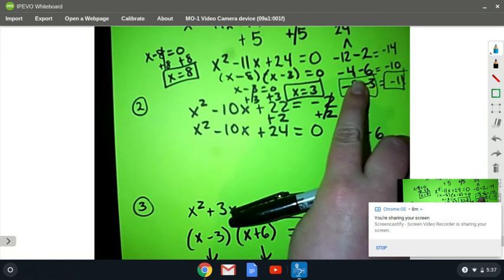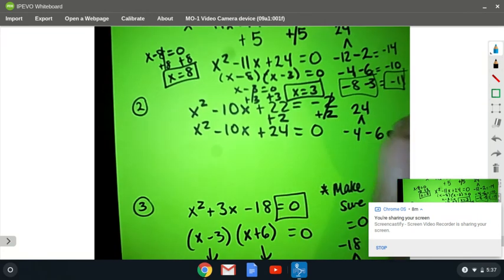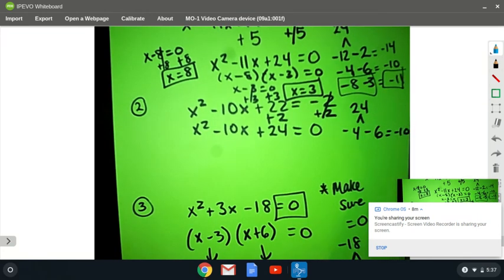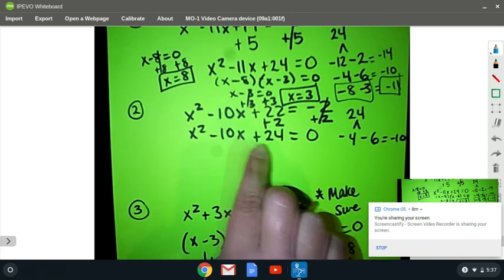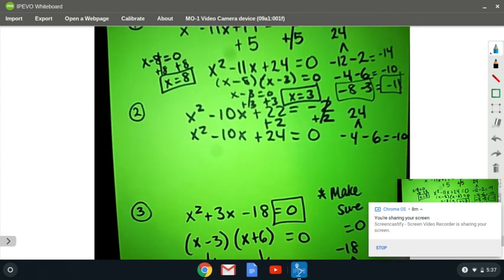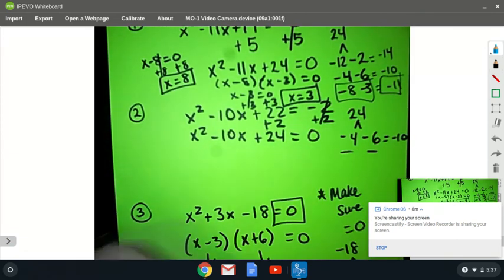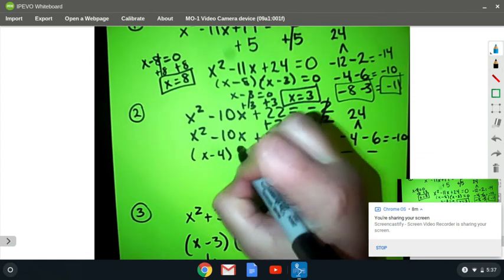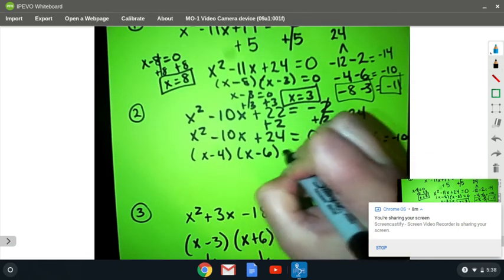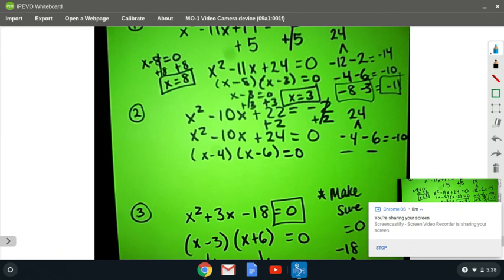And if you look back up at our factor pair over here, we actually kind of already have the answer. -4 and -6 add to be -10, multiply to be 24. So my 2 factor pairs would be -4 and -6. x minus 4, x minus 6 is equal to 0.